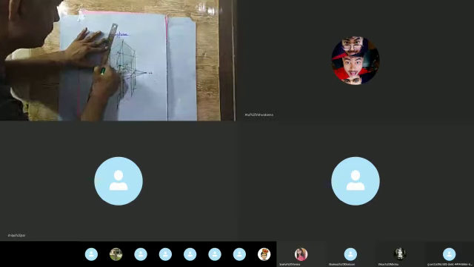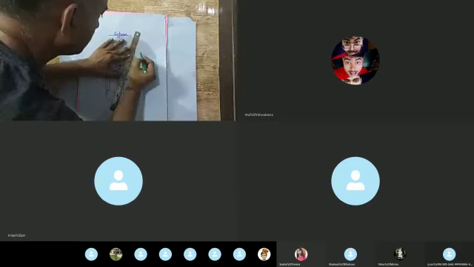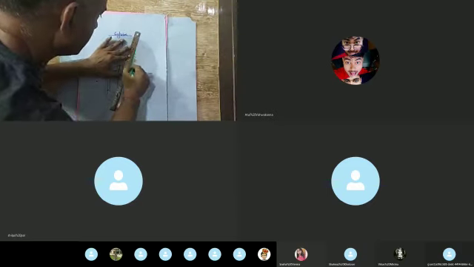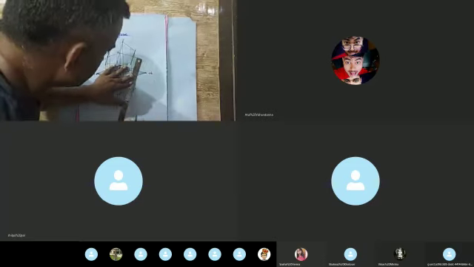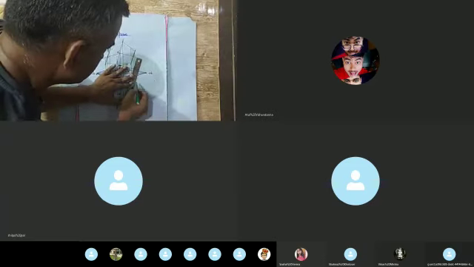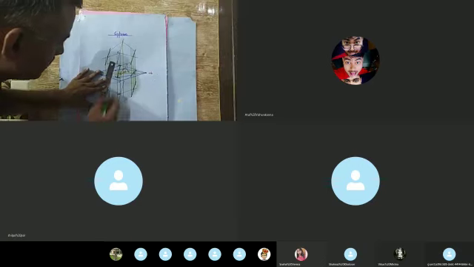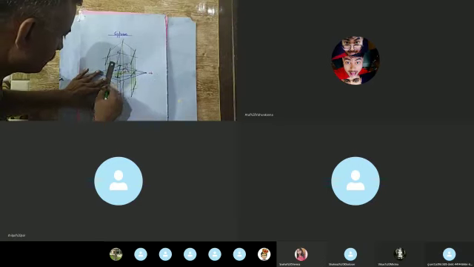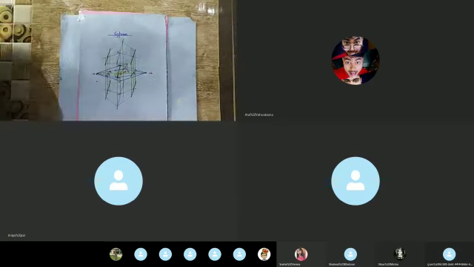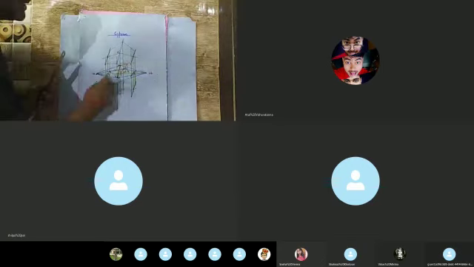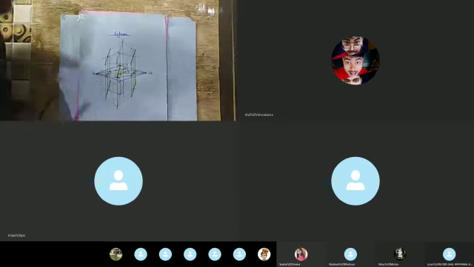This is one parallel. This is second parallel. This is third parallel. And this is fourth parallel. Okay. So all these line segments are parallel to each other.